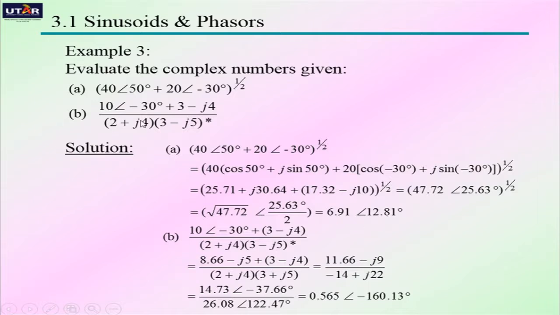Same goes to question B. Mathematically, we should change polar form into rectangular form first before we can add them together. Once we have added them, if we wish to perform division or multiplication, we would have to change into polar form. And we would be able to get the answer equals 0.565 magnitude and negative 160.13 degree.